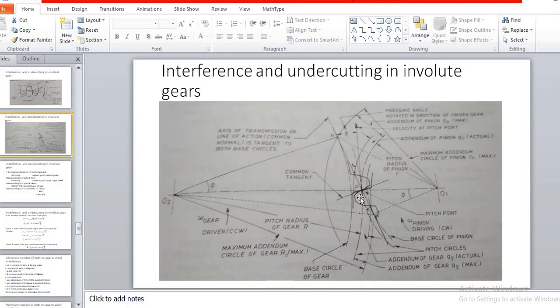Now in this diagram, the original path of contact is K to L. This K is now extended to M, and L is extended to N. As we increase the addendum circles of both gears, L shifts to N and K shifts to M. The maximum path of contact is now represented as MN.